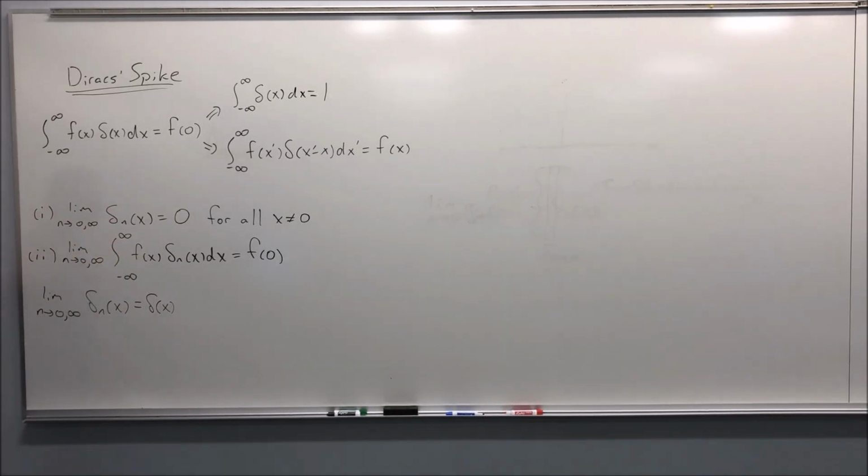If I give this notation that the limit as n goes to 0 or infinity of delta_n(x) equals delta(x), does this expression become this expression? Who says yes? Who says no?